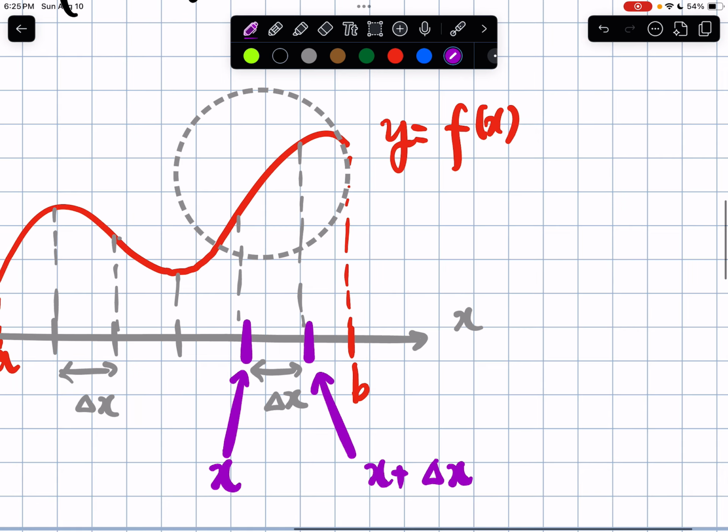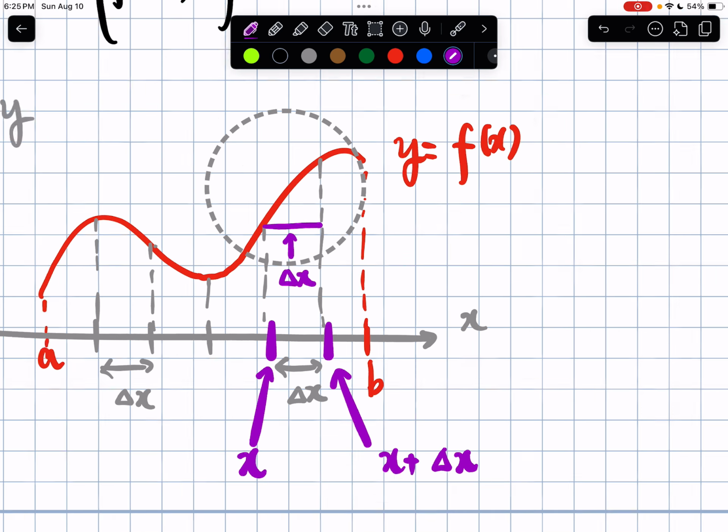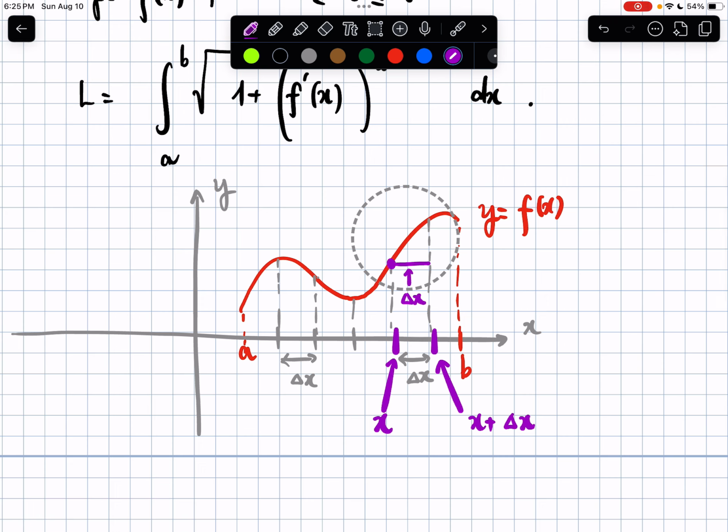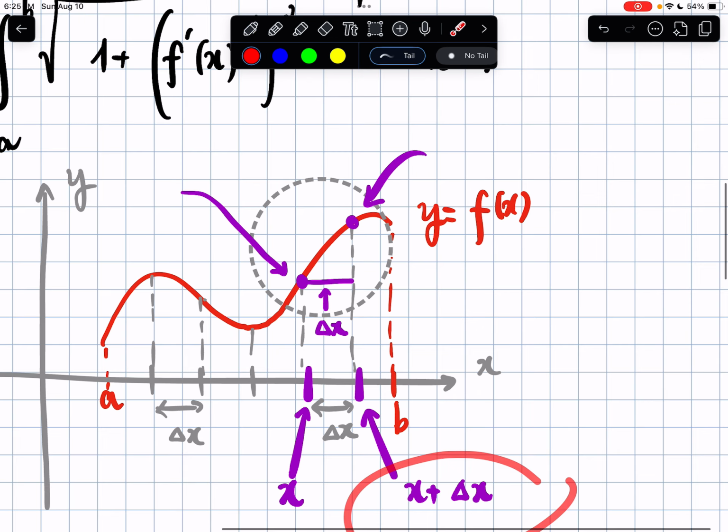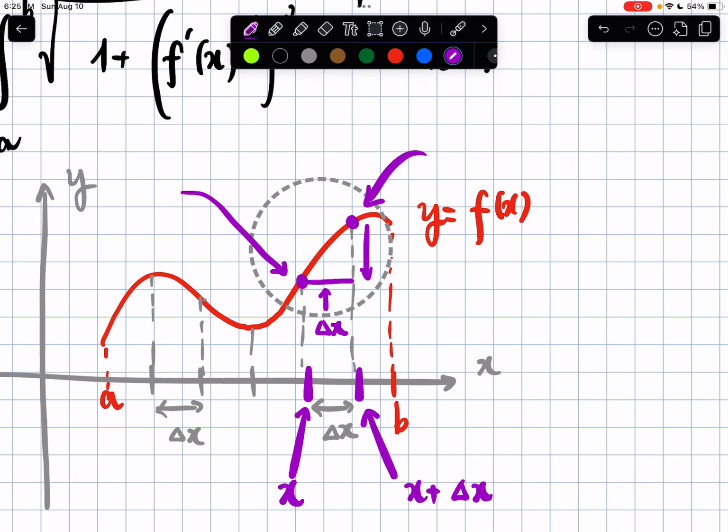Then this length is delta x. This is f of x. This corresponds to the point x, f of x. So the y coordinate is f of x, and this point corresponds to f of x plus delta x. So this length is delta y.